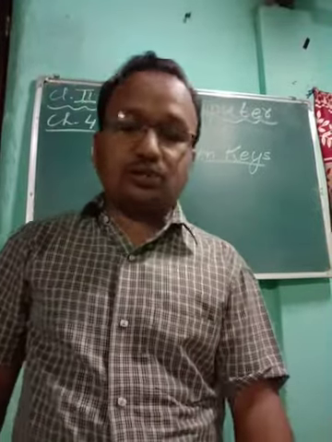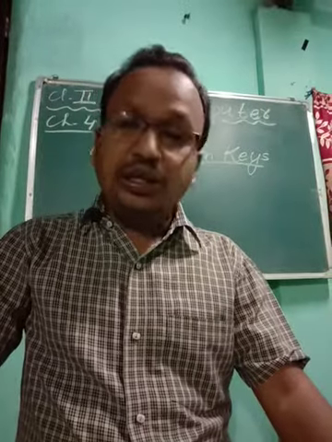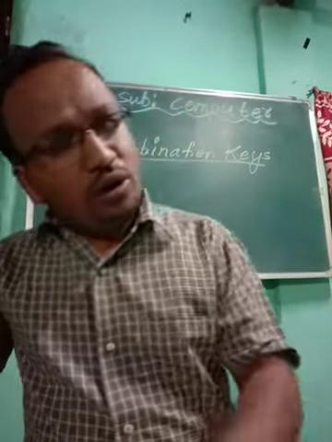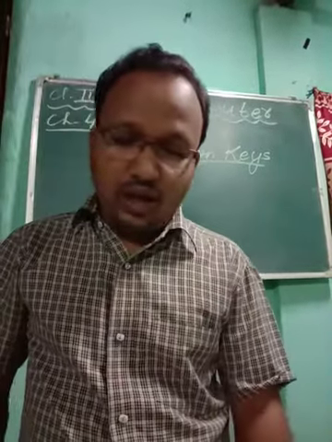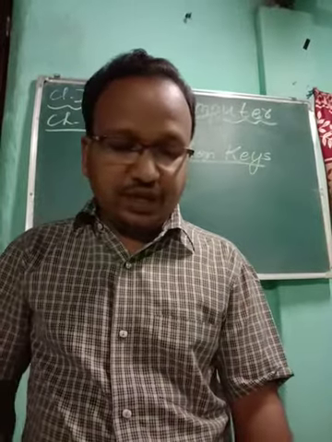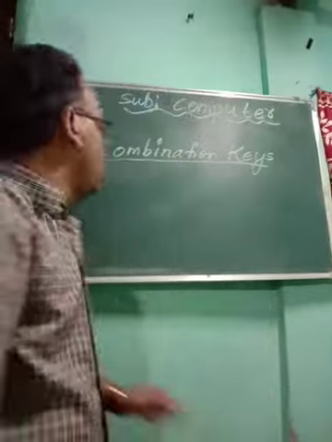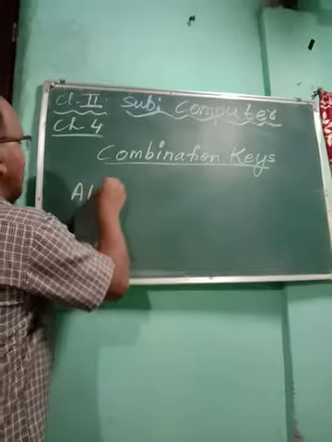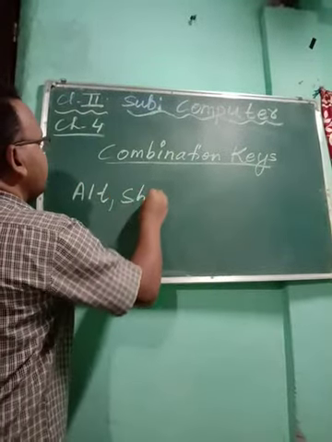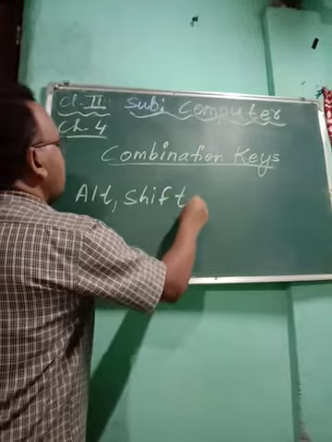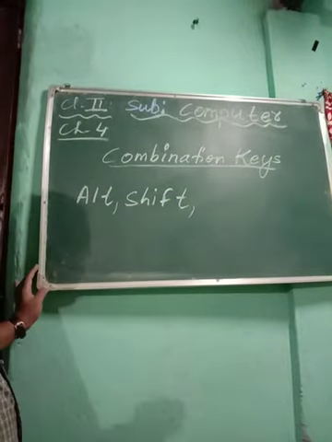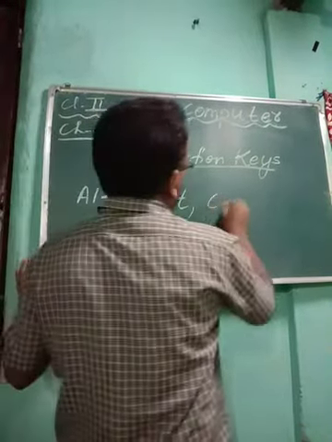This is called what? Combination keys. So on your keyboard there is the shift key, there are control keys. These are called combination keys. So you have ALT, you have shift key, you have control key.